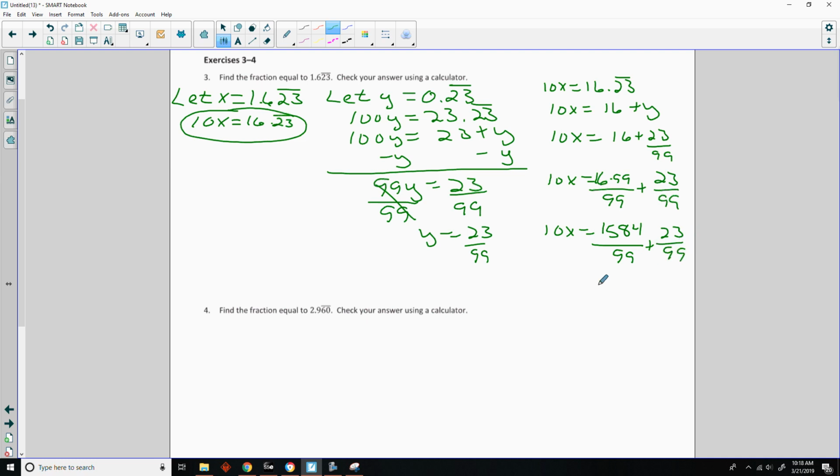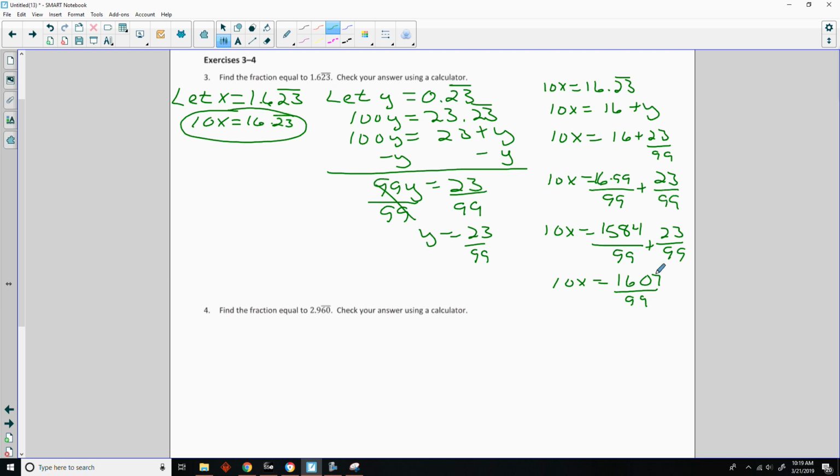So when I combine those, I get 10x equals 4 plus 3 is 7, 8 plus 2 is 10, carry the 1, 5 plus 2 is 7, plus 1 is 8. Did I do that right? No, not 8, 6. So 4 plus 3 is 7, 8 and 2 is 10, carry 1, 5 plus 1 is 6. 1,607 over 99.